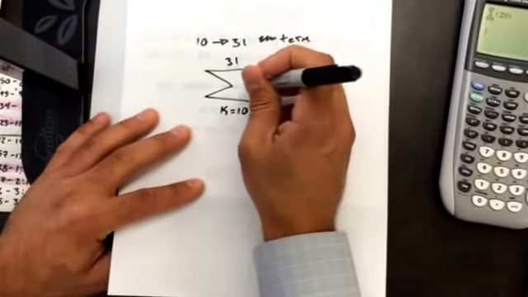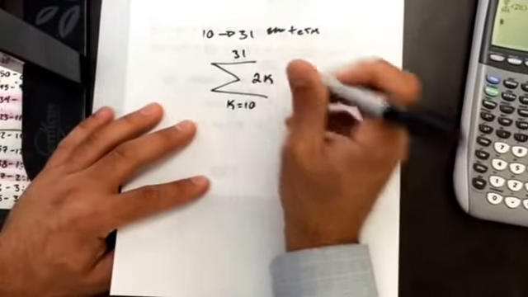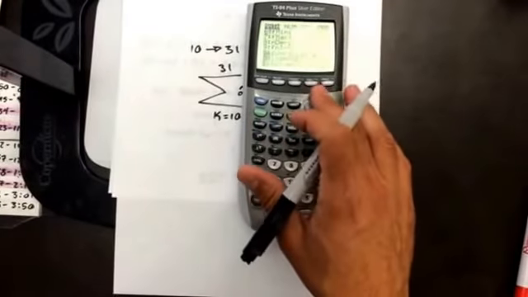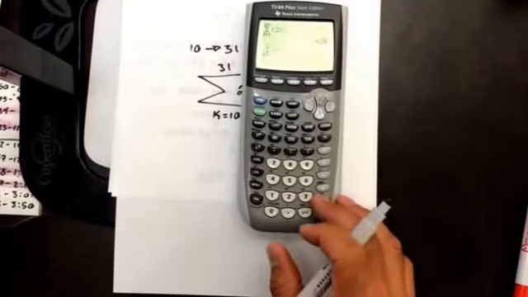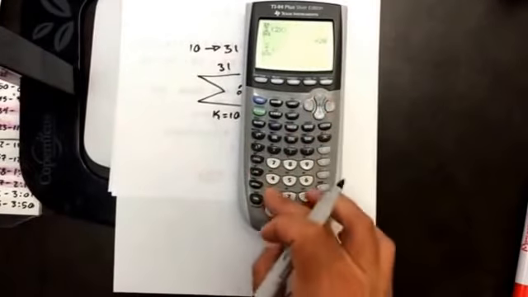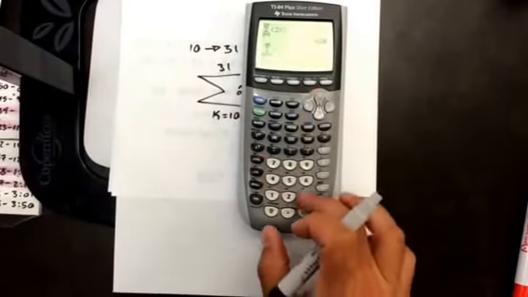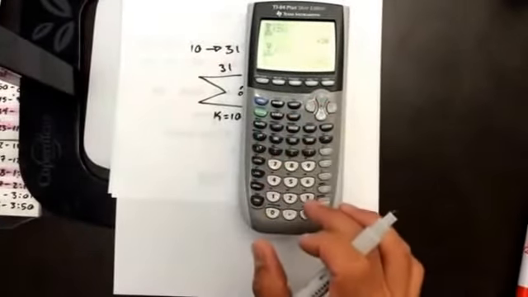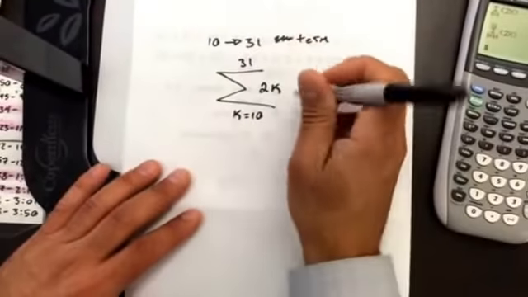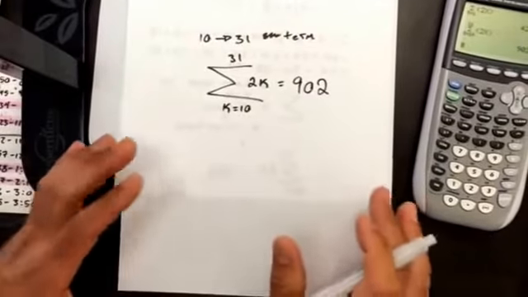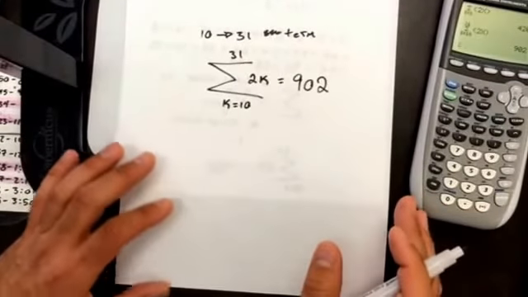It still follows the same rule. So I'm going to do it in the calculator again, go to math, find the summation. I'm going to put x equals 10, goes to 31, and the rule is 2x. And it tells me it equals 902.